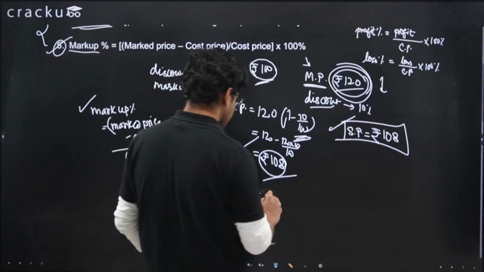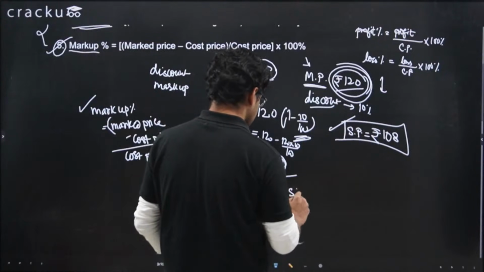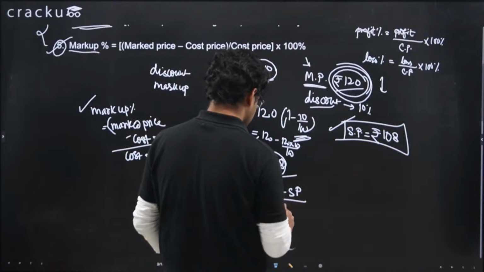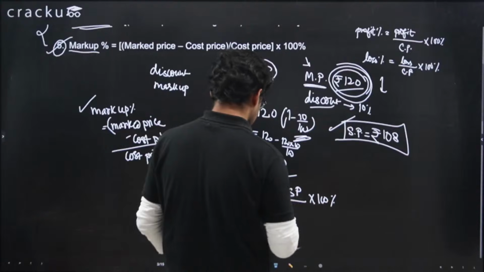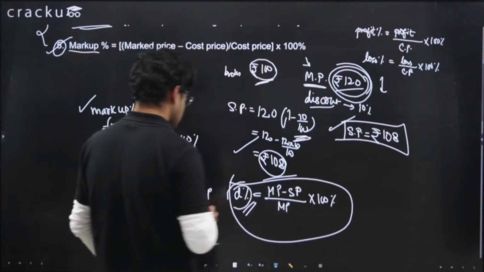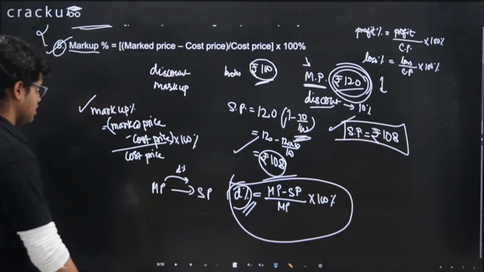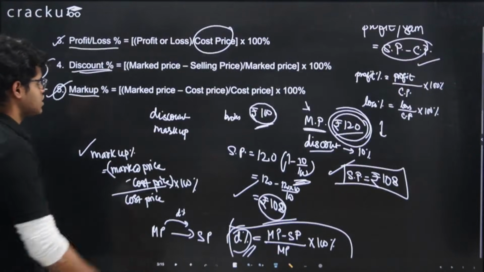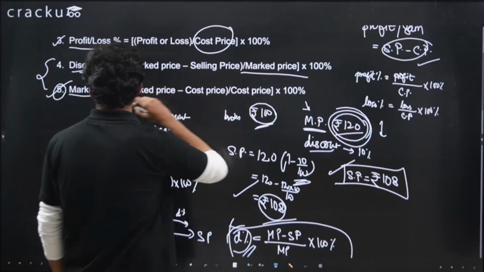So it is MP minus SP upon MP into 100. This is discount percent, MP minus SP by MP into 100.